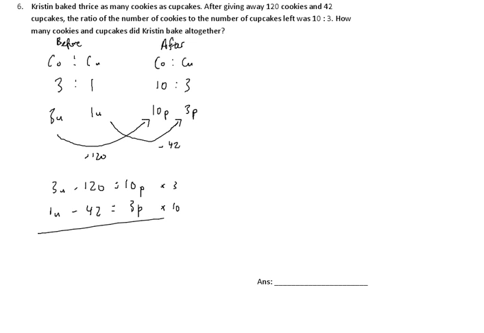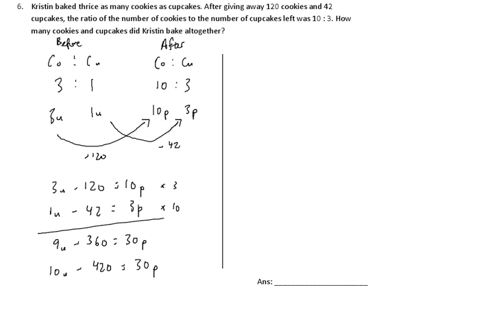Okay, so I have 9u minus 360 equals 30 parts, and 10u minus 420 equals 30 parts. Then we can move on to the next part, in which we equalize our 30 parts, right?